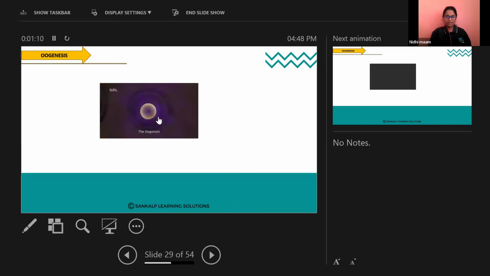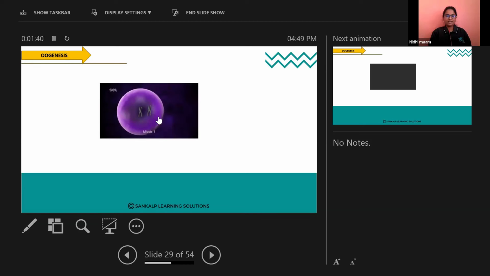The oogonium will undergo mitosis and produce the primary oocyte. The primary oocyte grows, and after growth there is an increase in size. Then it is the primary oocyte, after the first mitotic division.